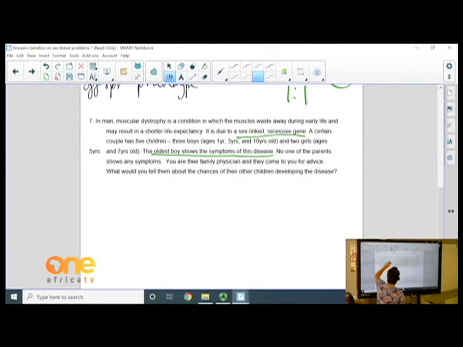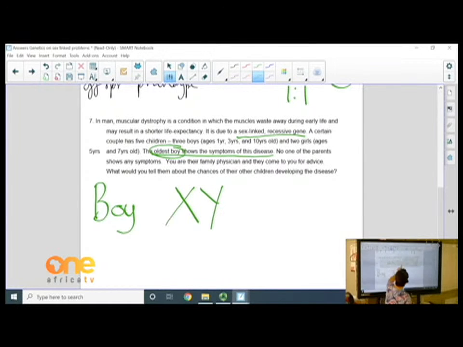If the boy is showing symptoms and it is recessive, it means that it is sex-linked. So if we use a small m for muscular dystrophy, the boy will look like that. And the boy can only inherit this X from whom? From his mother.